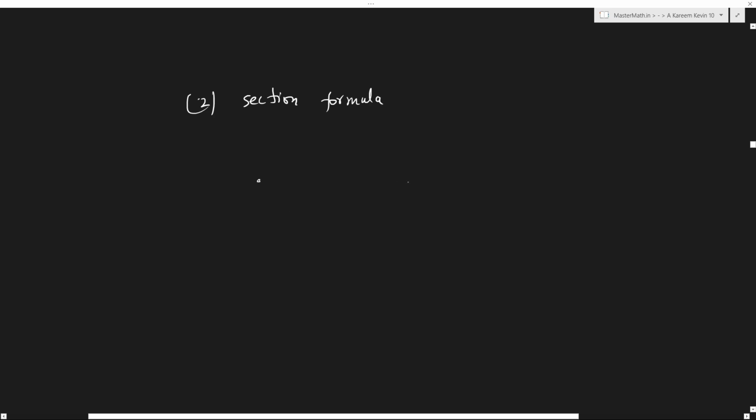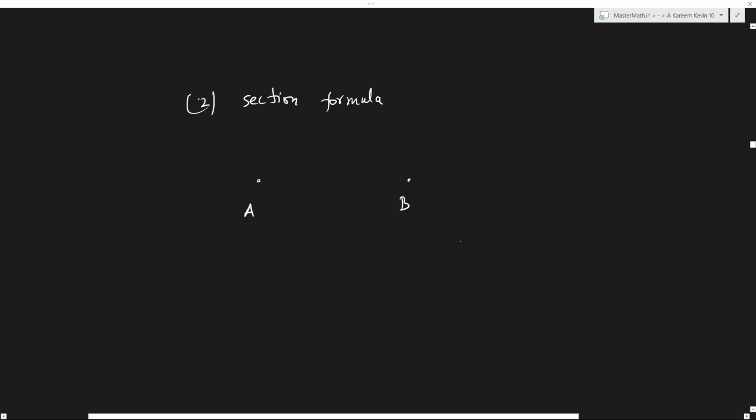Now please remember how we are getting this, because that would help you solve questions. If you understand how we are doing this, it would really help. Only the formula doesn't help, that's the point.